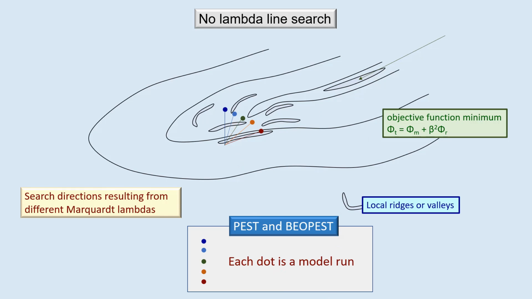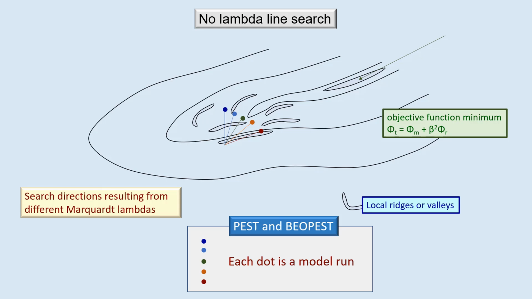Now, as we talk about in another video, every iteration of the PEST inversion process is divided into two parts. In the first part of every iteration, we calculate the Jacobian matrix. That's where we do finite difference derivatives. In the second part of every iteration, we then try different Marquardt lambdas and see how well they can allow us to upgrade the parameters.